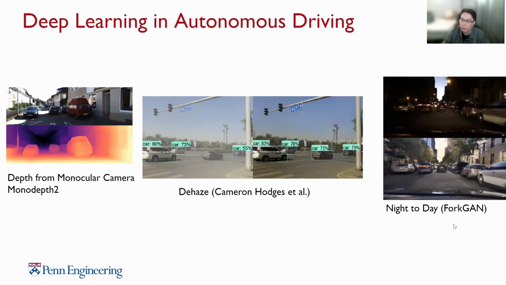Over here, we can see a neural network that can convert a night scene into a day scene. This one is the input, this one is the output. We can see far more detail in the daytime scene compared to the night scene.